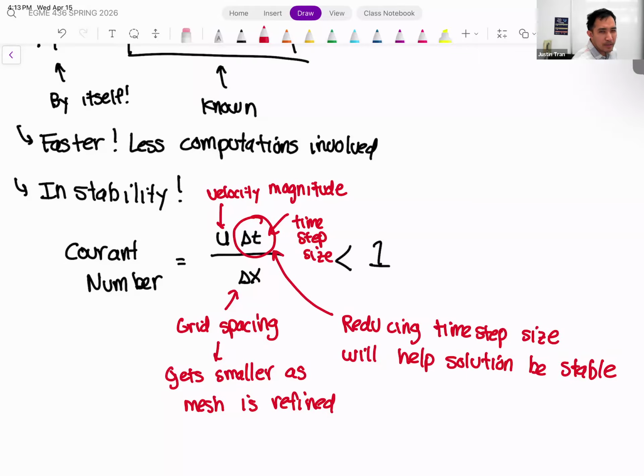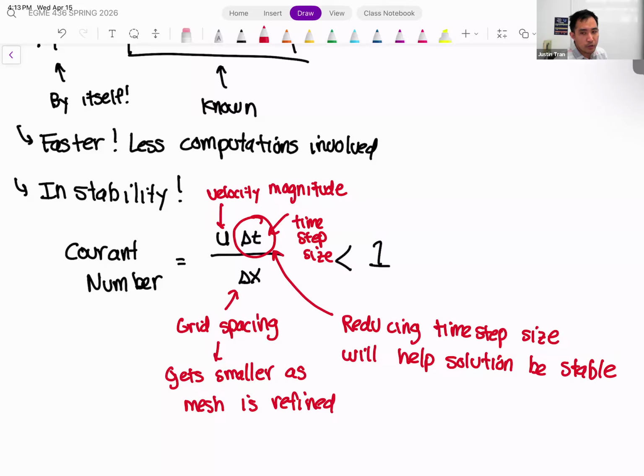Unfortunately, we don't have time to get into the exact theory of why reducing the time step size increases your stability. But I think the easiest qualitative explanation I can give is that, when your Courant number is greater than one, generally what's happening is that the flow conditions are changing faster than the simulation can keep up, right? Because the simulation can only solve things one time step at a time.